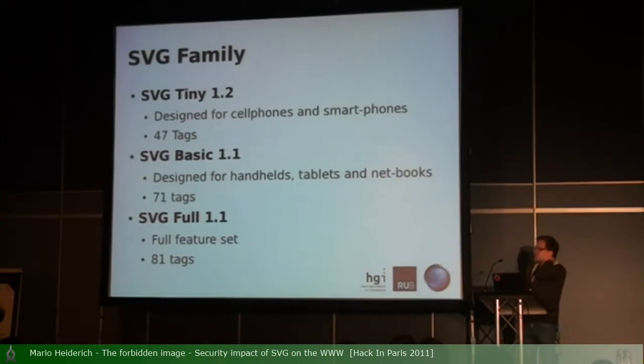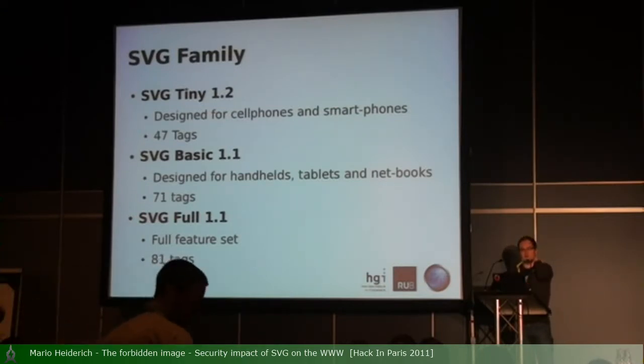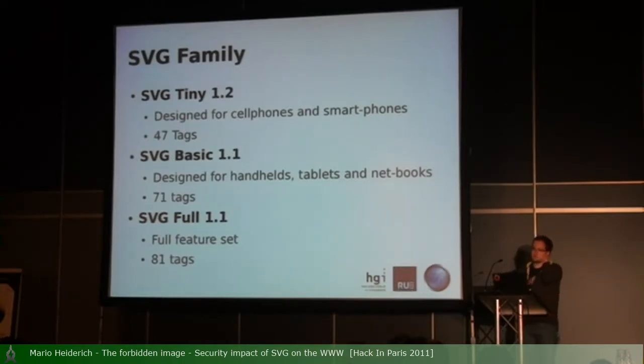And 81 tags are quite a lot of stuff, and there's quite a lot you can do with them, like animations, transformations, effects, and so on. And SVG Full is mainly designed for being used on desktop devices, on high computing power devices such as a good laptop, a desktop PC, or workstations for a graphics person or design person.